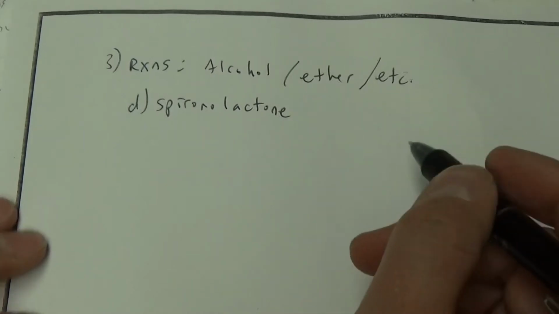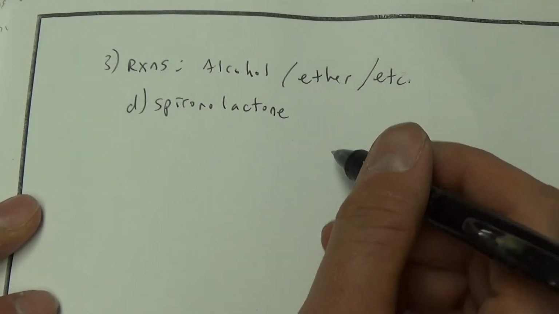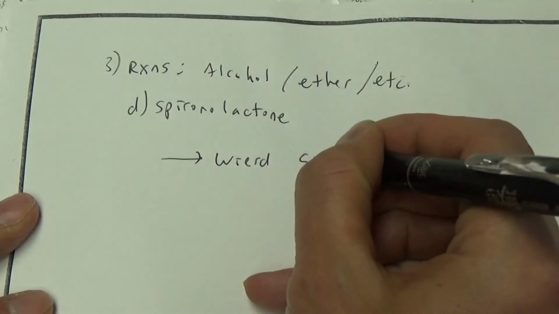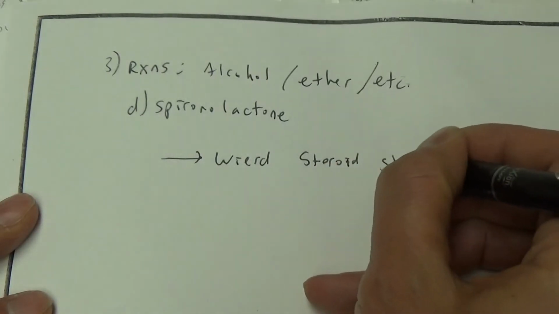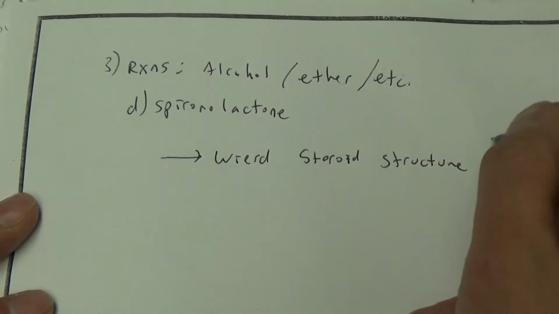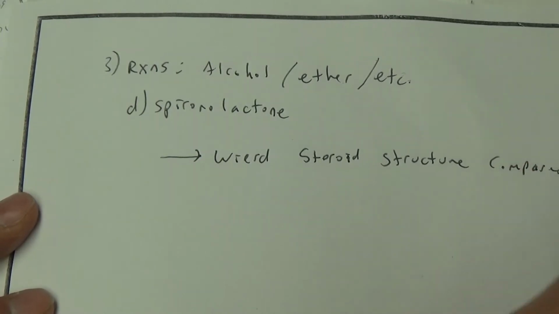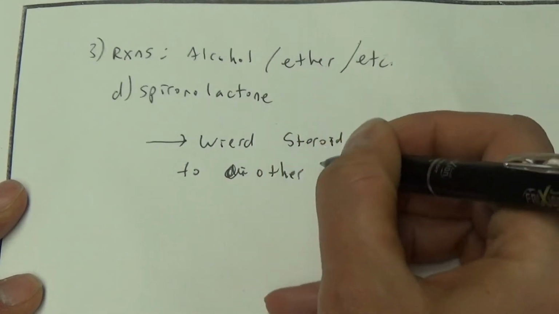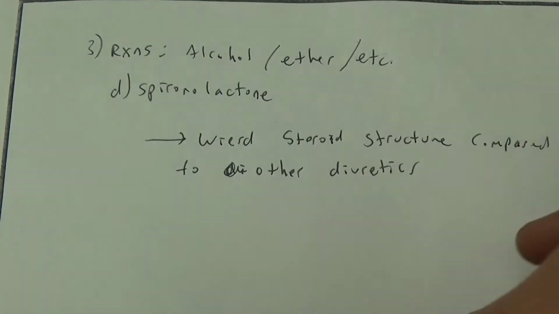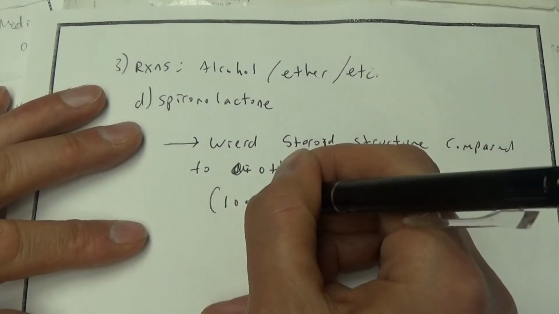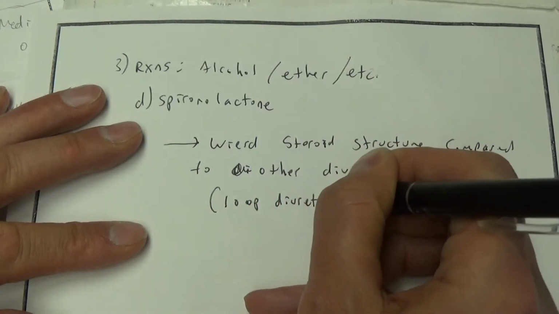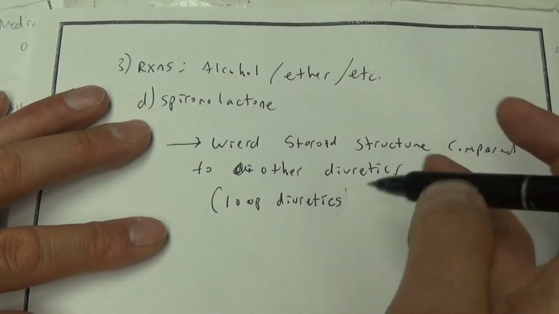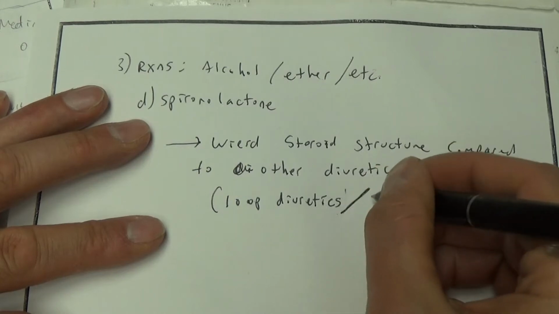Okay, so one thing I want to mention about spironolactone again is that it's a weird structure compared to the other diuretics that we mentioned, like the loop diuretics, like furosemide, and also the thiazides, which act a little later in the nephron.